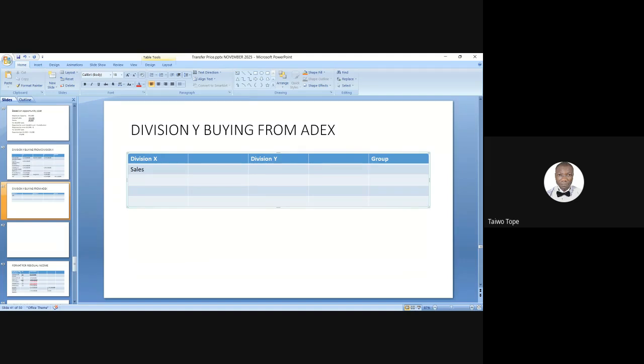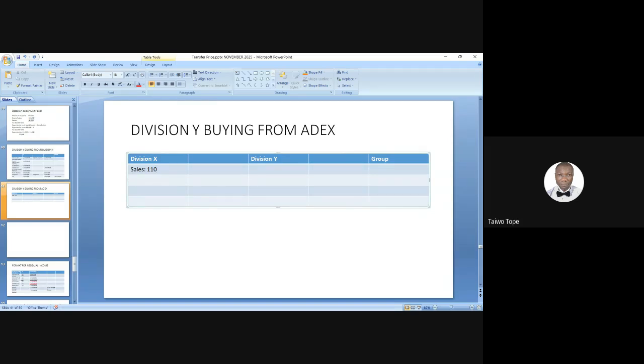The sales of division X will be what? What quantity will division X sell now externally? What will be the sales? 110,000. Very good, 110, because division Y is not buying from them.